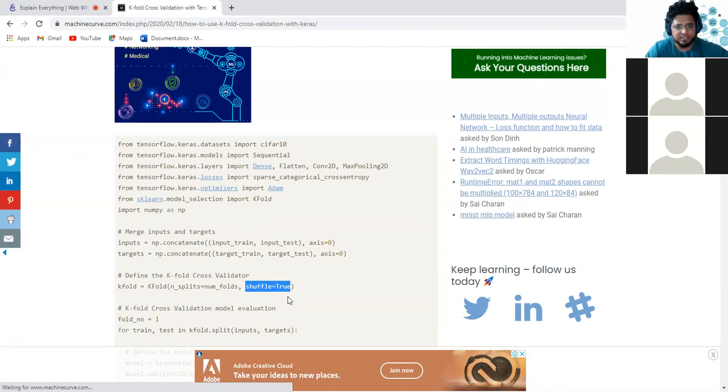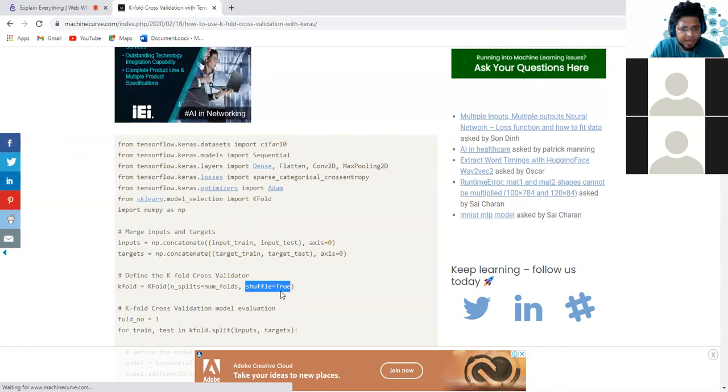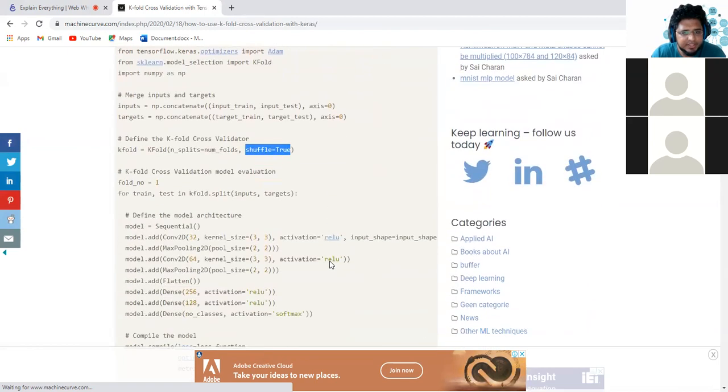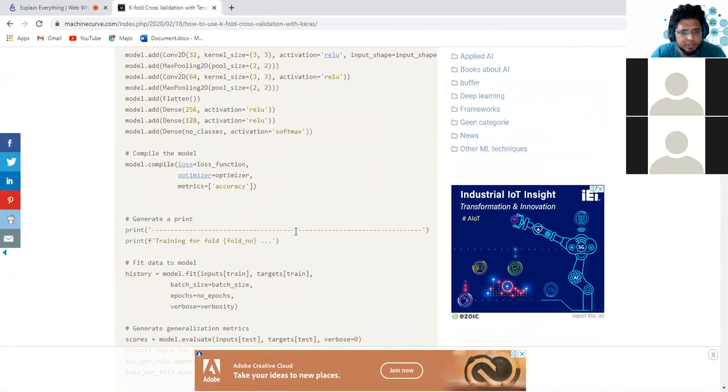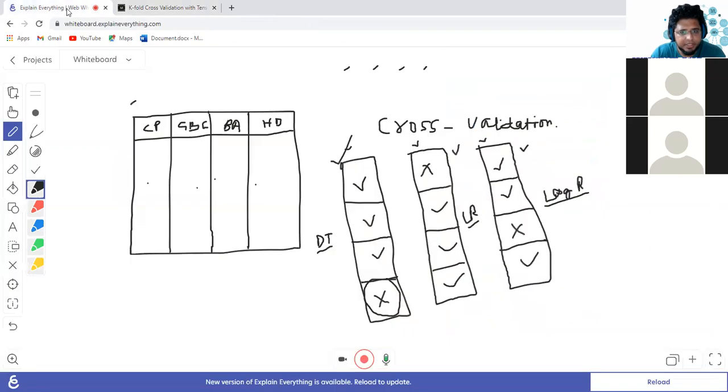You shuffle the cards, that way you shuffle them, and what you do is you train and test on each split of the k-fold. That means you use this one, you use this one, and you use this one, and keep a record of how the models are performing.